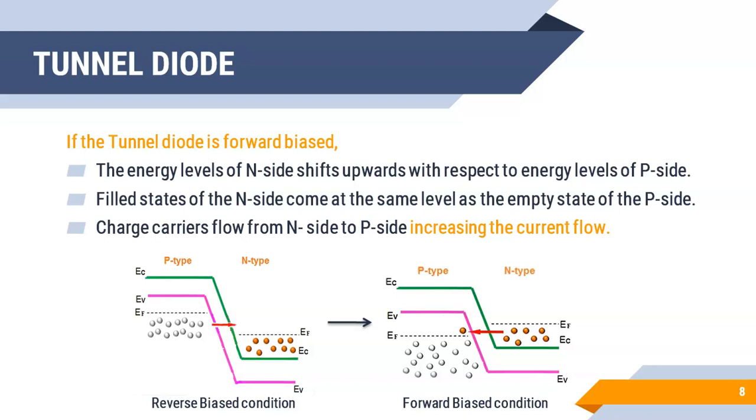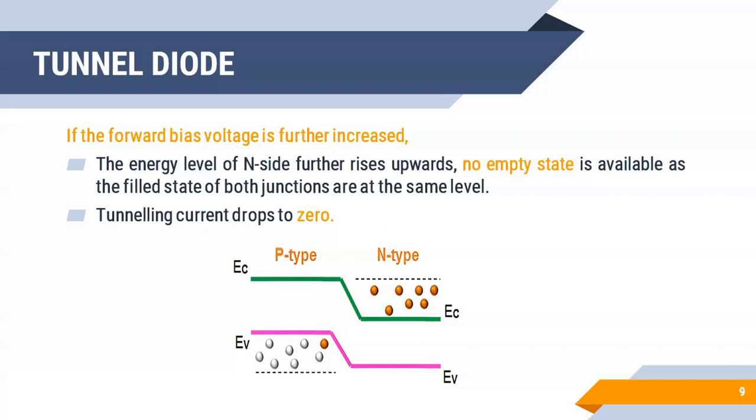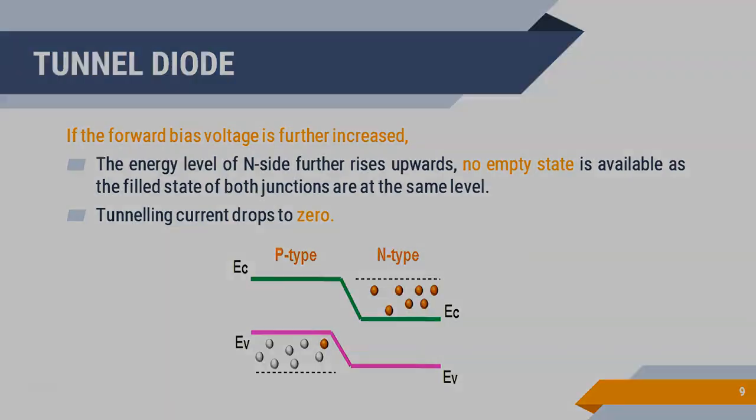So there will be a current flow due to movement of electrons from N type to P type. Then if we keep on increasing the forward bias voltage, the N side energy levels rise further, as we can see in this image. So there will be no empty states. This condition will reduce the tunnel current, and it will almost reach zero.